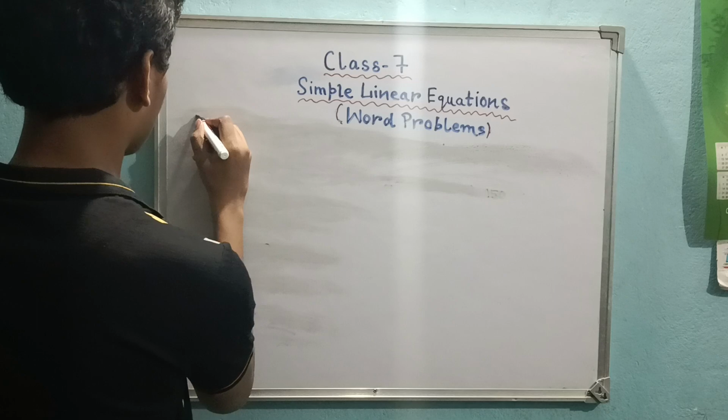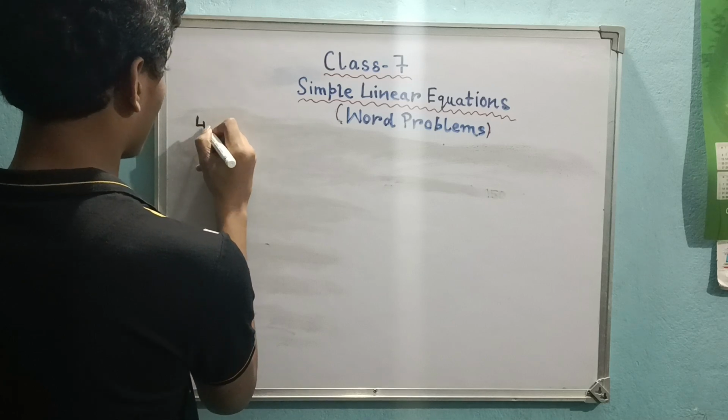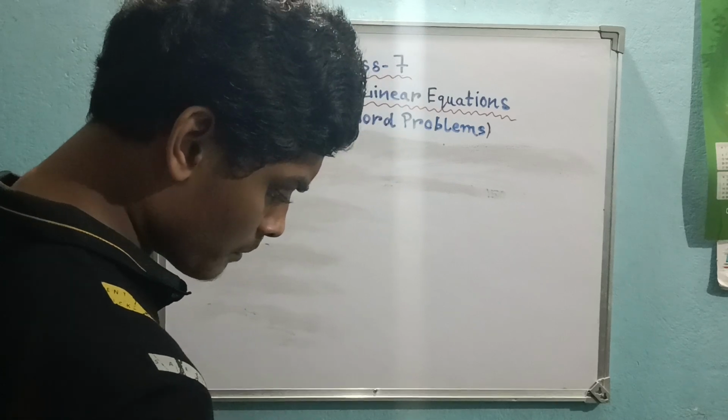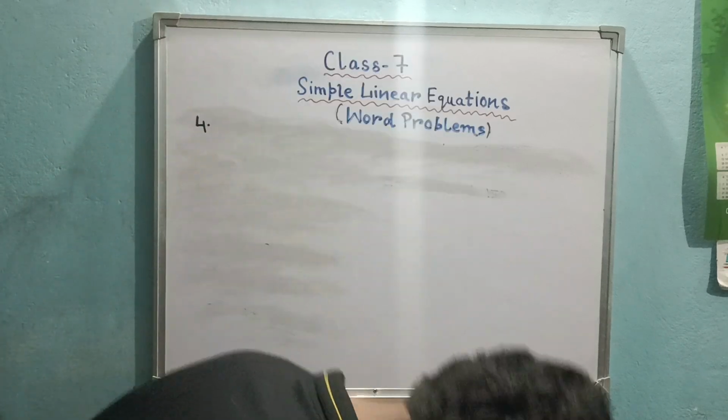Number 4. Let us see. The sum of three consecutive even numbers is 54.